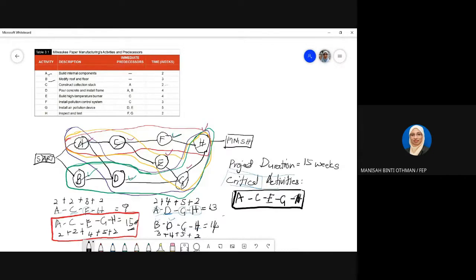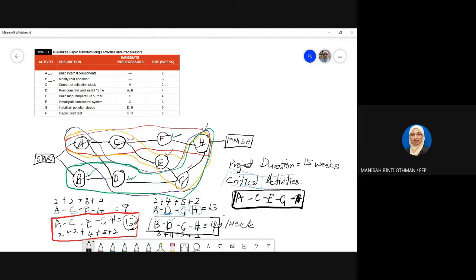Alright, understand? In this case, you can see that the duration here is 14 weeks for B, D, G, H, but the duration for the project is 15 weeks. So you can delay 1 week, so that you can complete within the duration, only 1 week.